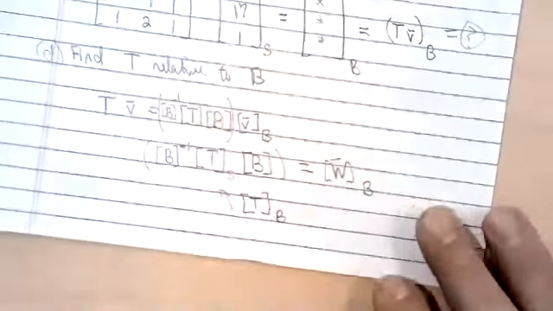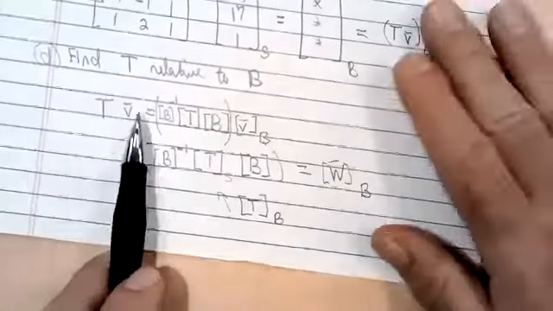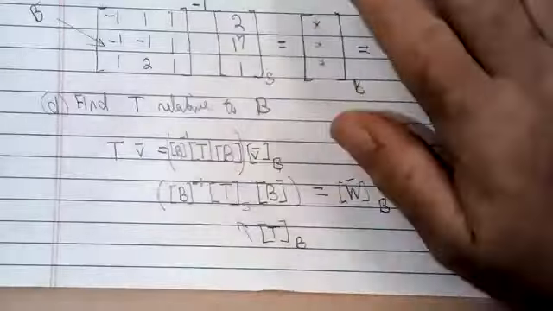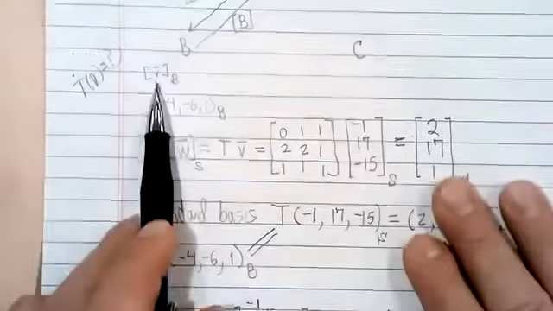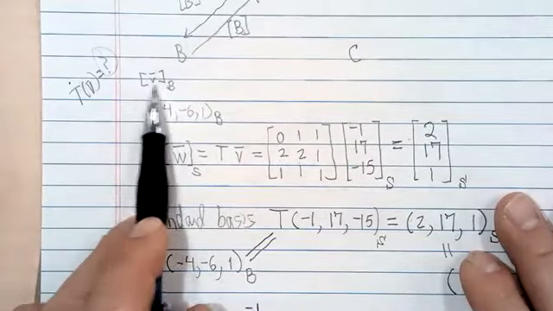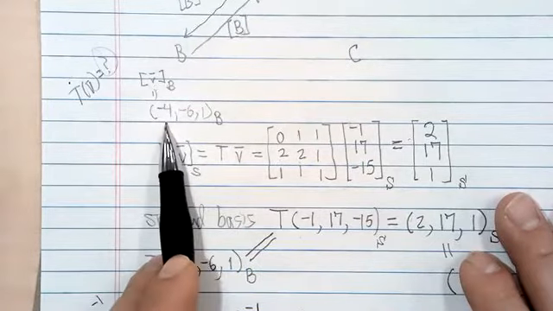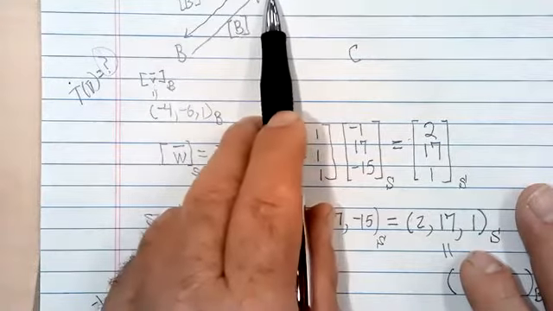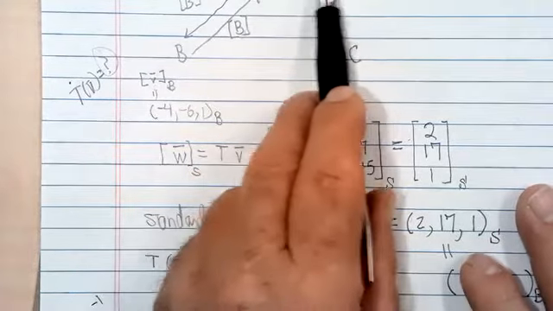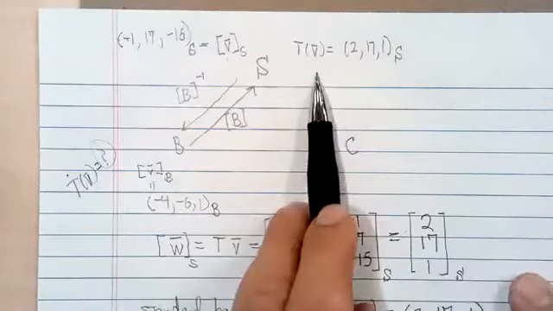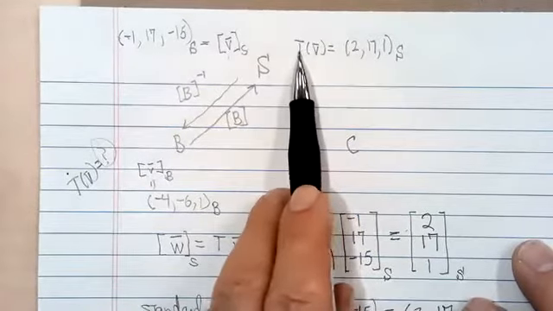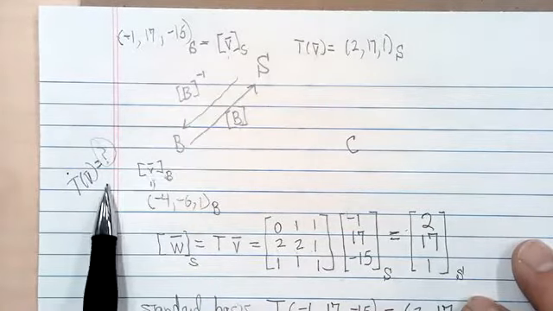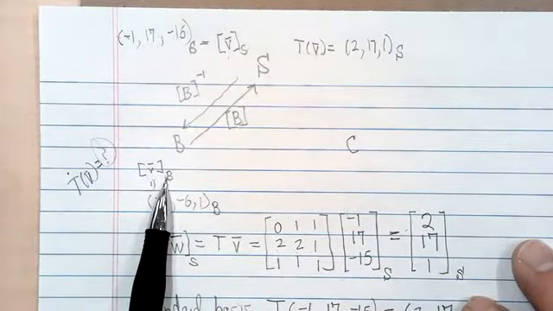The long and the short of it is this: on this problem, I started by giving you a vector with coordinates relative to basis B. And then we transformed up to standard basis. Then we did a matrix multiplication to get T of V. And then we multiplied on the left by the B inverse matrix to get back to the B basis.